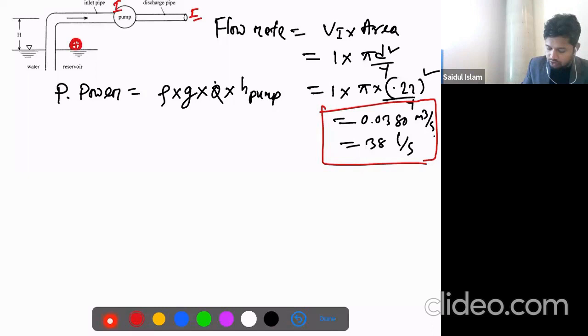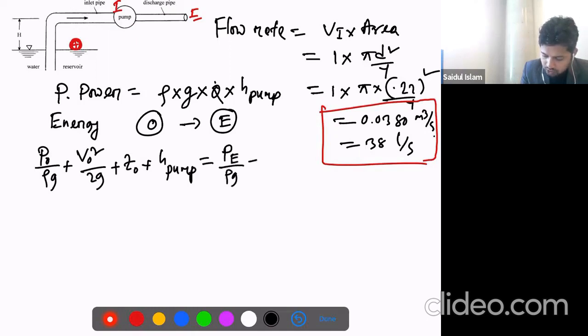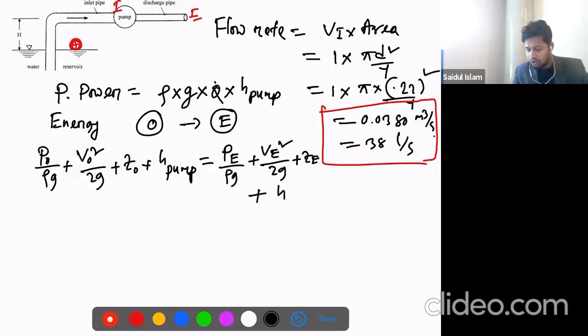So now I will use the energy equation from O to E. This is PO over rho g, VO squared over 2g, ZO, plus the pump head, equal to PE over rho g, VE squared over 2g, ZE, plus the friction loss.